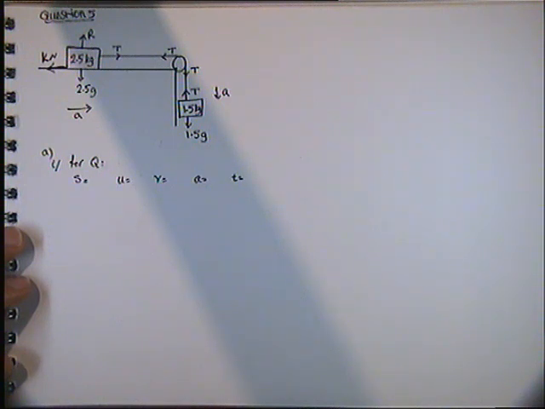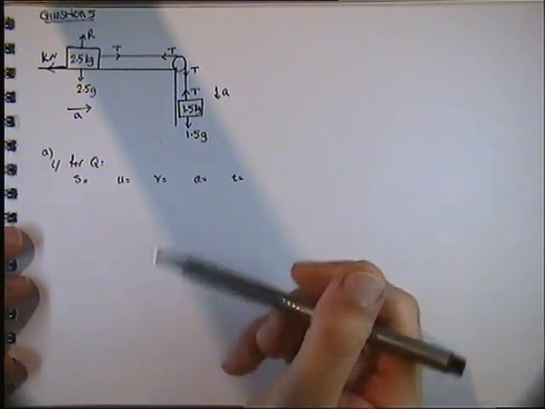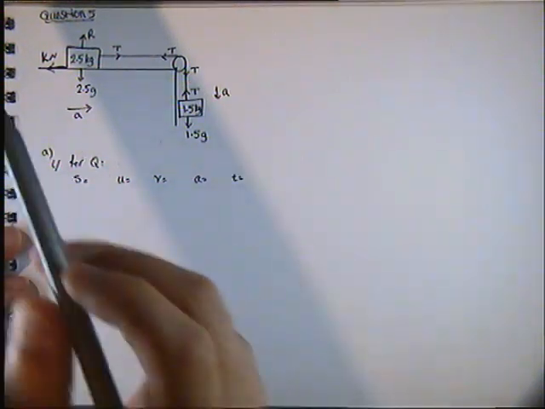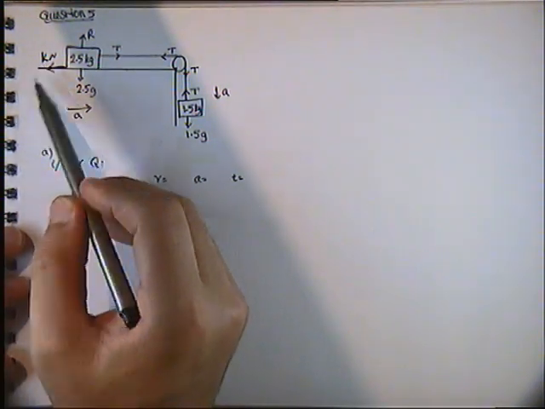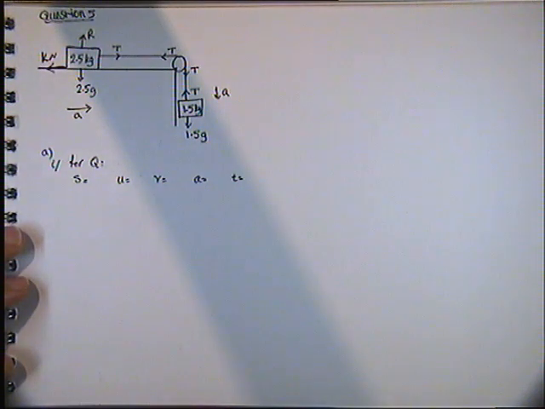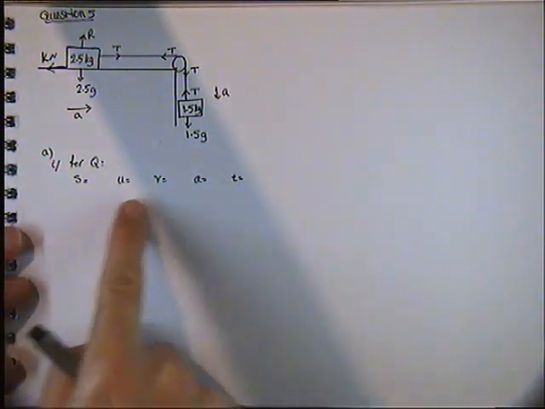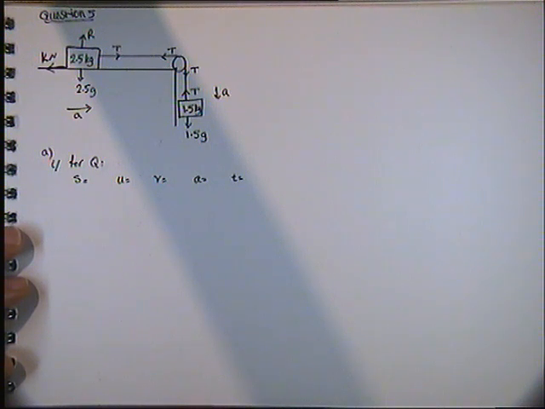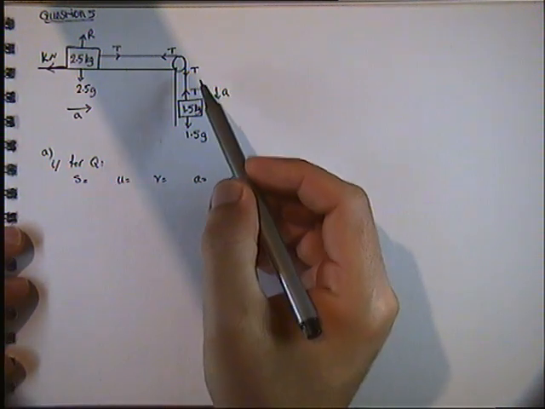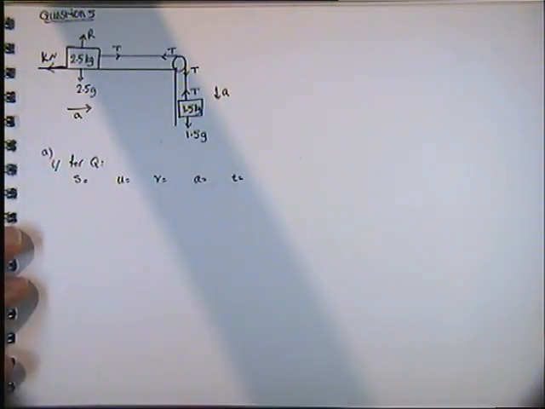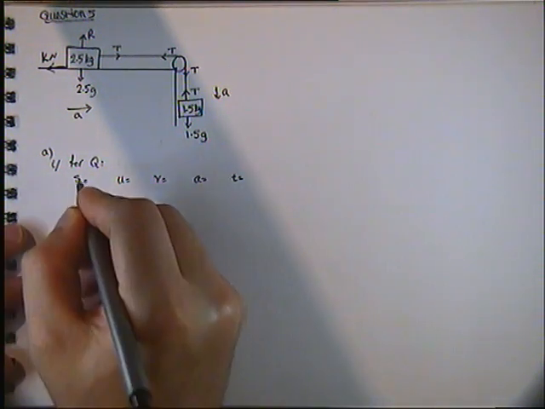The answer is we can form two equations, but unfortunately in this case we will have three unknowns. One obviously is acceleration, another is tension, and another one is K Newton. We don't have the value for K. If we had the value for K, we wouldn't have to use the SUVAT equation. We could write an equation for particle P, another equation for particle Q, solve them simultaneously and work out A and T. But it is not the case here.